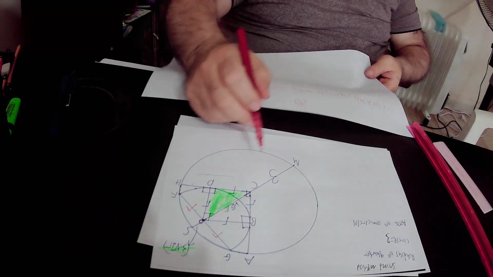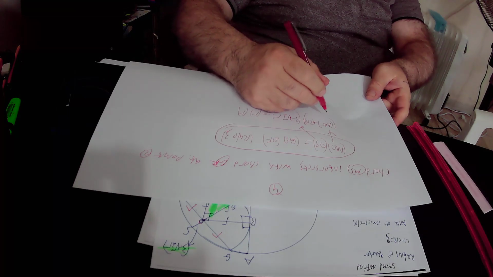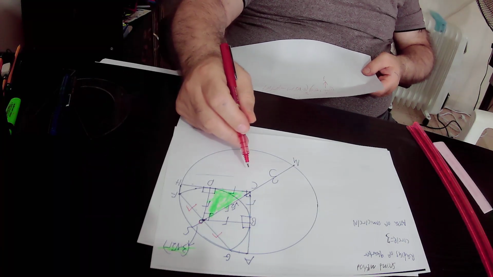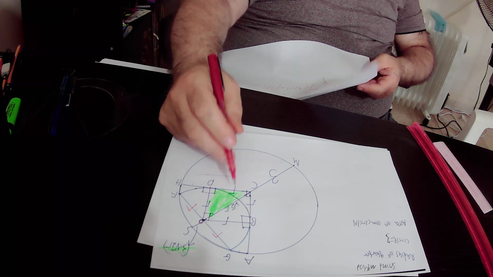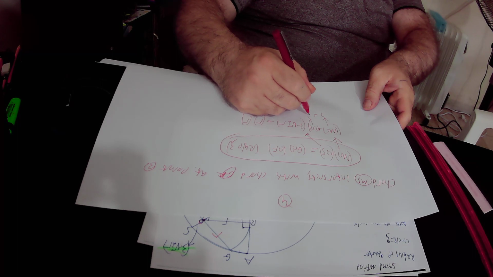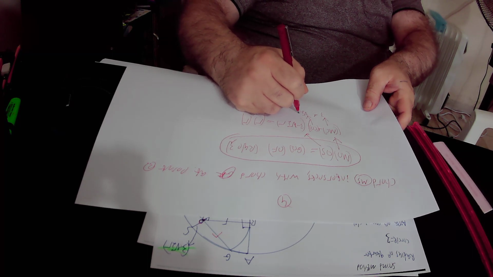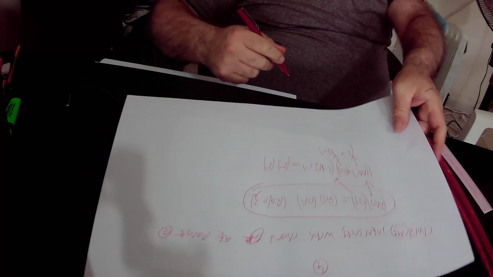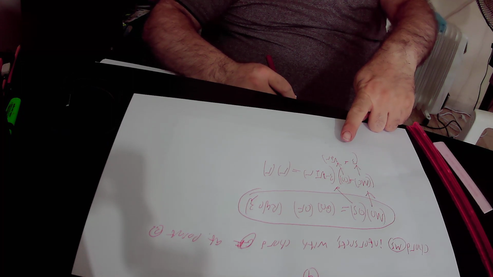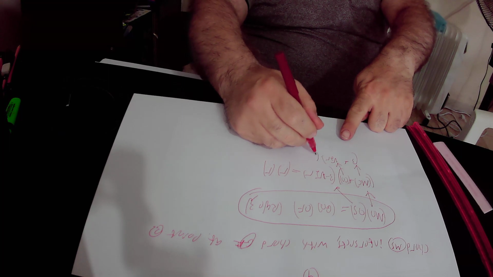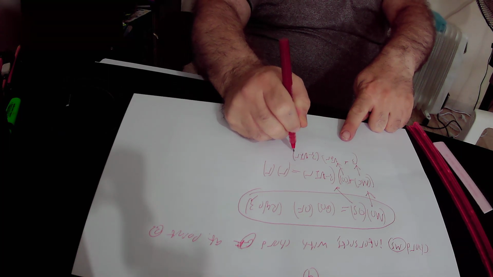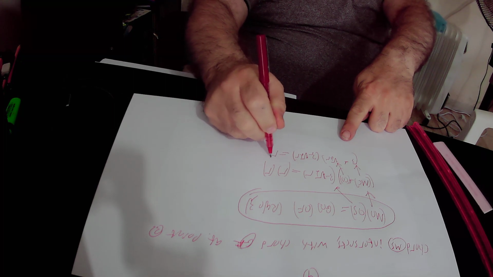Here MC equals 3 units. CO equals square root of 2R. So in conclusion, MO equals 3 plus square root of 2R, times 3 minus square root of 2R must be equal to R squared.